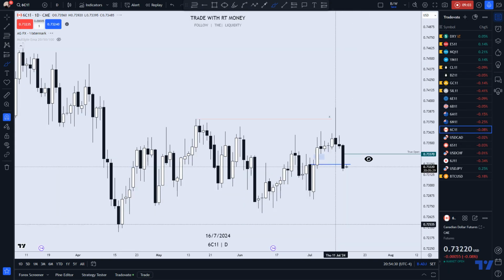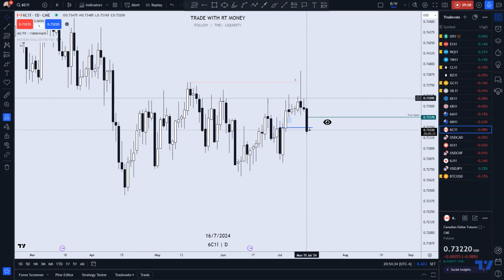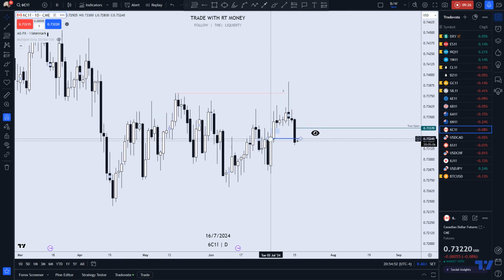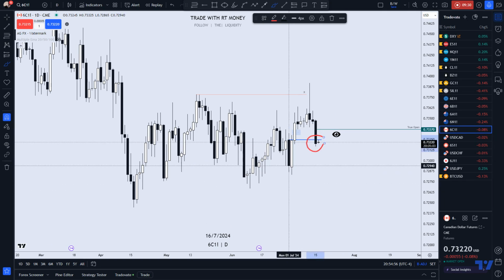Here's the CAD USD. You can see here is an order block that price is coming into good and hard. That means this is showing weakness in the CAD and strength in the US dollar. I believe that's going to turn around right here, right at these levels. So watch these levels.